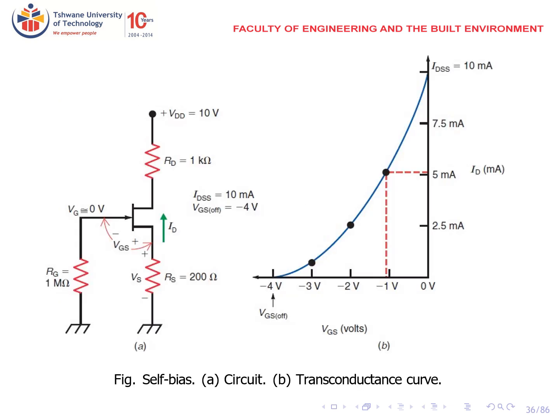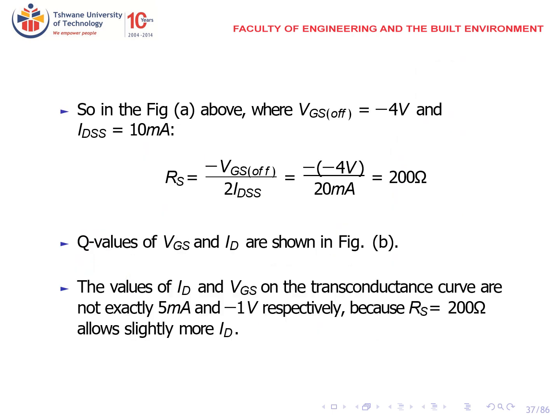Now here we are given a circuit where VDD is equal to 10, RD is 1K, RS is 200, and we are told that IDSS is equal to 10 milliamperes and VGS off is equal to minus 4. So here you have to calculate the value of RS. It will be equal to minus VGS off divided by 2 IDSS.